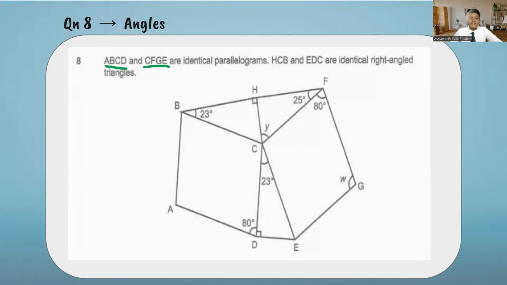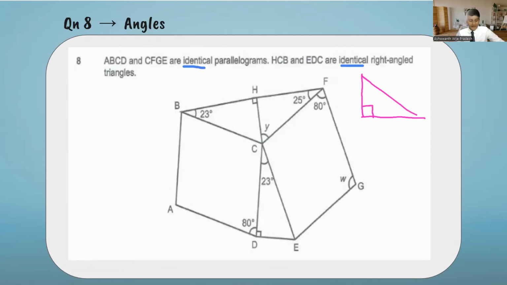ABCD and CFGE are identical parallelograms. So we got keywords, identical. HCB and EDC are identical, keyword again, right angle triangles. Do you remember what's a right angle triangle? A right angle triangle is a triangle with at least one right angle.